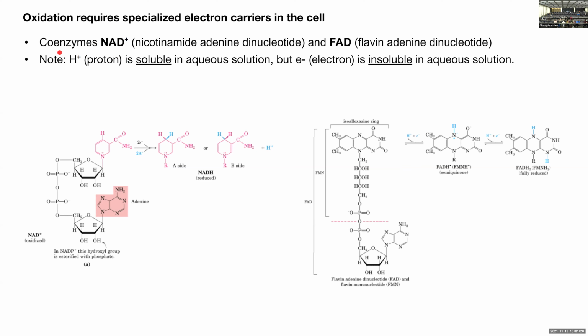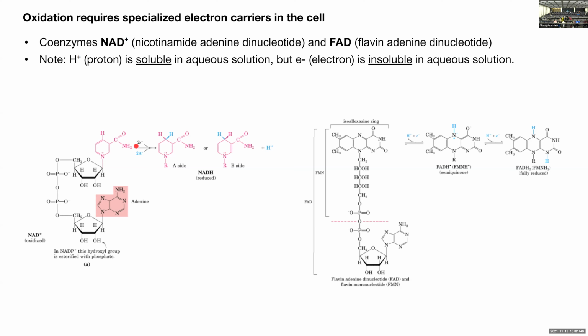And among different electron carriers, these two coenzymes are widely used, which are NAD plus, nicotinamide adenine dinucleotide, and FAD, flavin adenine dinucleotide. And this produces these two electrons as well as two hydrogen cations after oxidation.